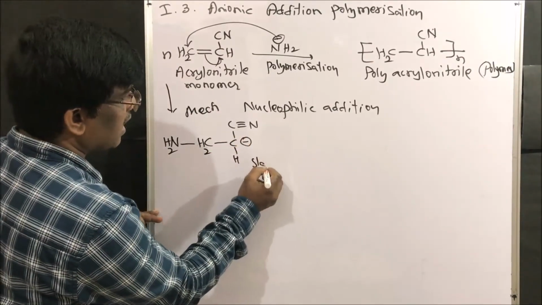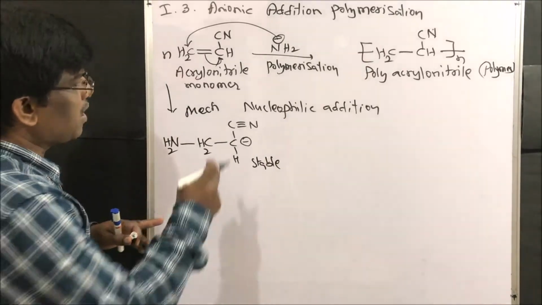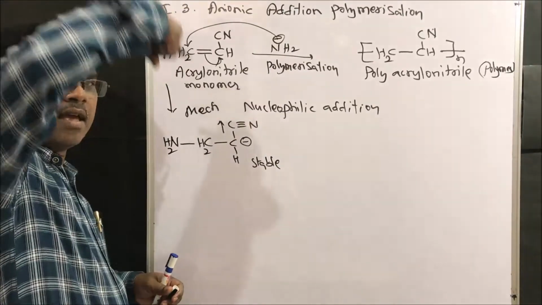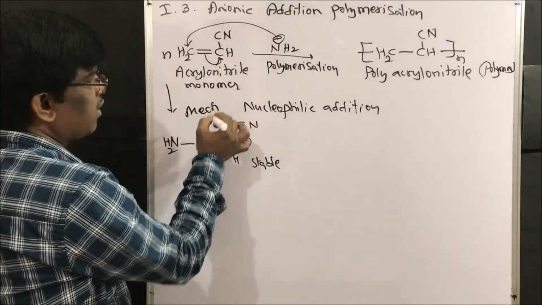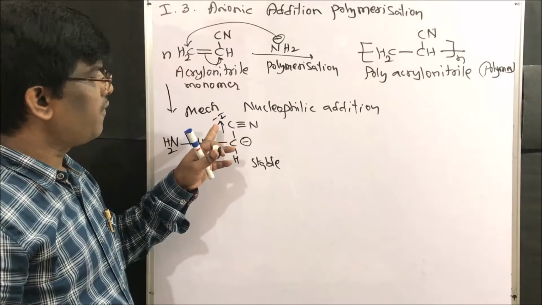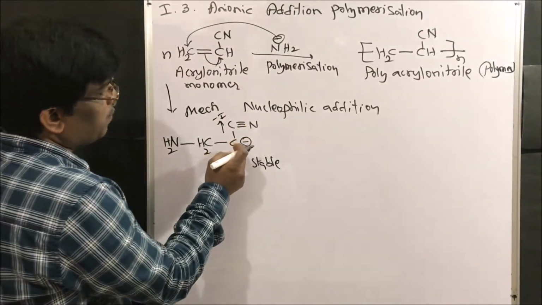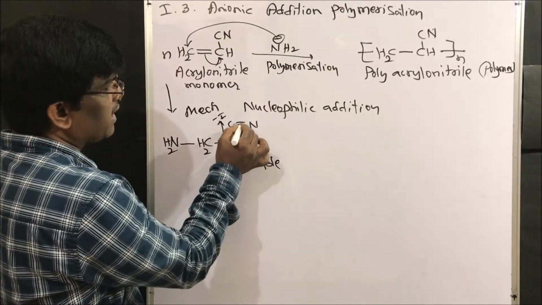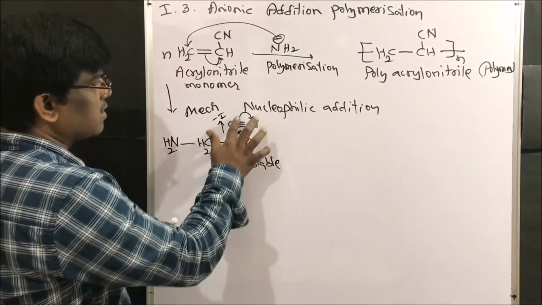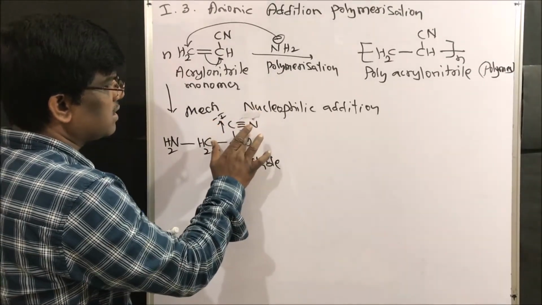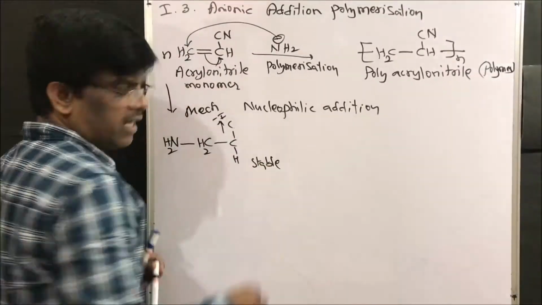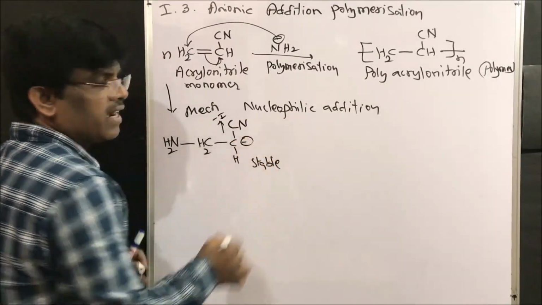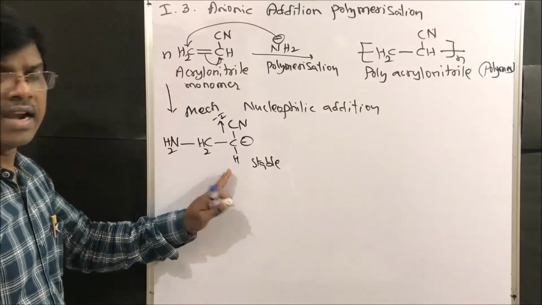Why? Because of the presence of the nitrile group, which is a minus I group, a minus inductive effect group. It pulls this negative charge towards itself so that it can be stabilized like this. Right, friends? So because of this, it is going to form this nucleophile. Up to this, it is understood.